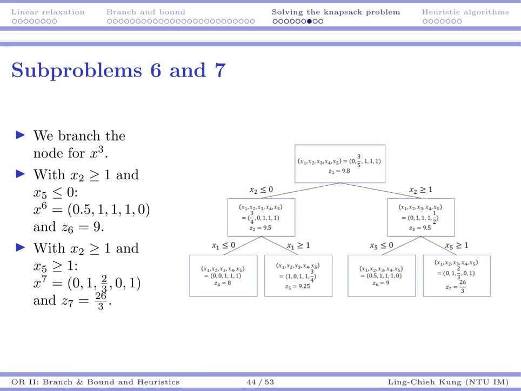So let's say we now take a look at the values, and we agree that 9.5 seems to be a better choice. So let's say we first branch on 9.5. And then here, we're going to say your x5 is not good. So we're going to say x5 should be less than or equal to 0 or greater than or equal to 1.